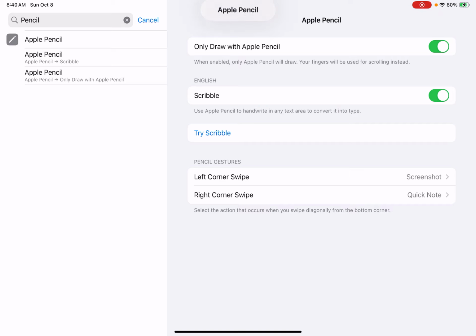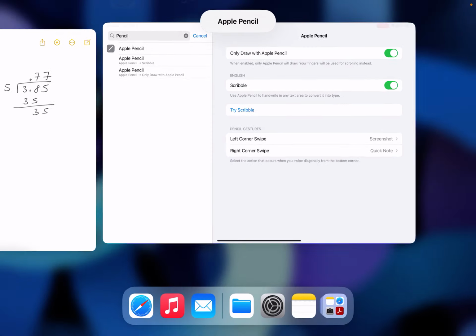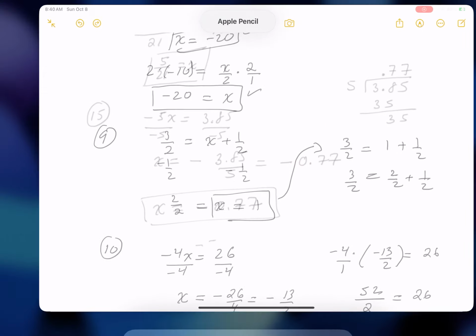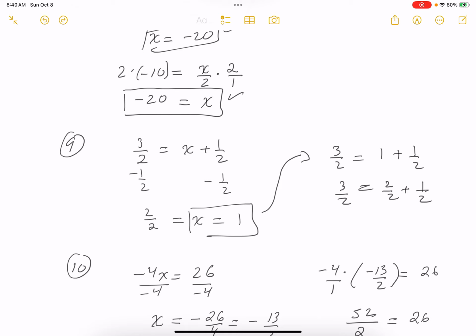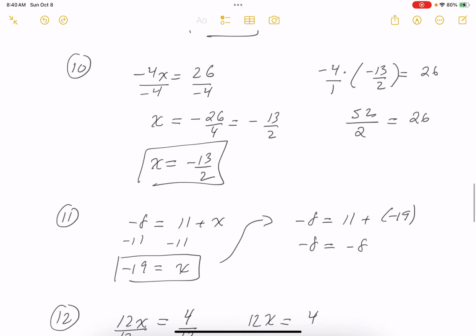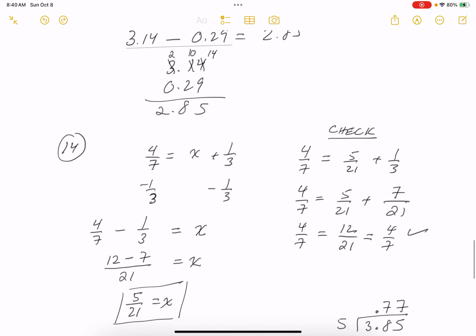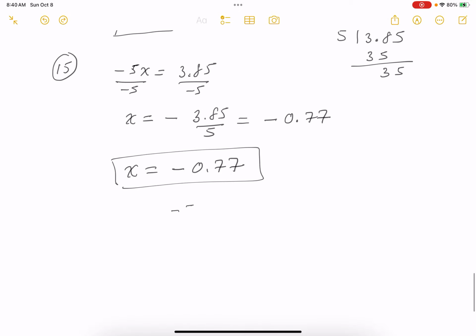It's a brand new pencil, too. My finger's working. My pencil just died. I'll try one more time, and then I give up.